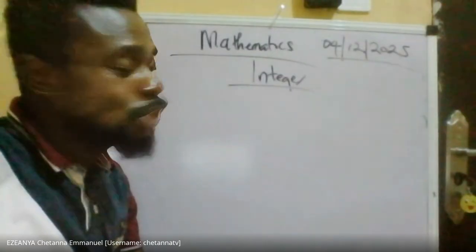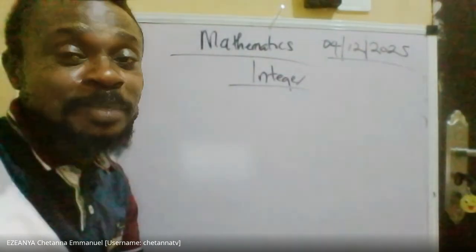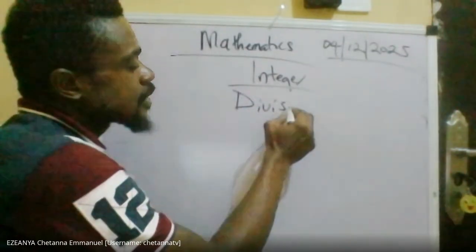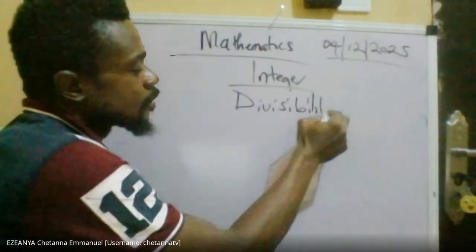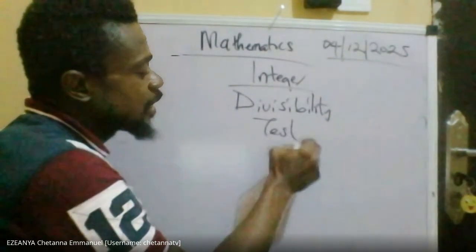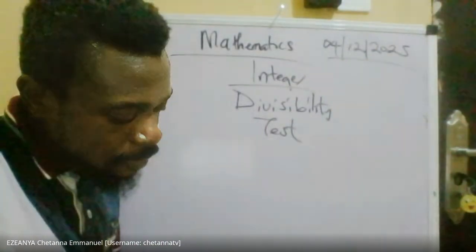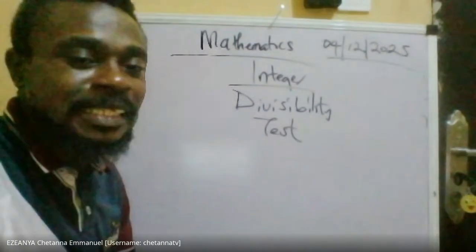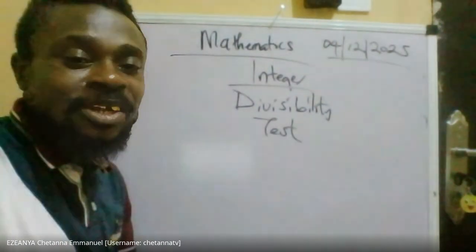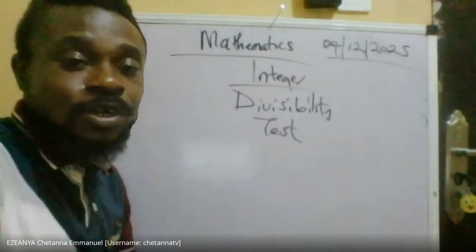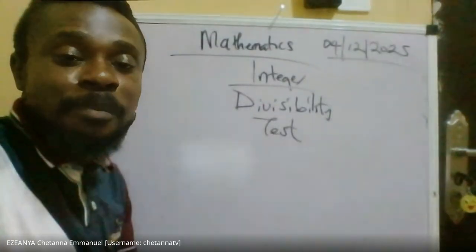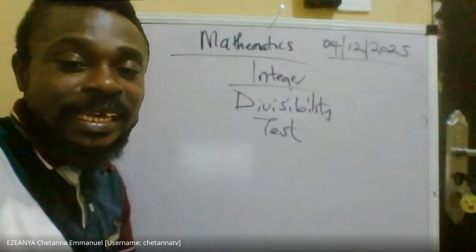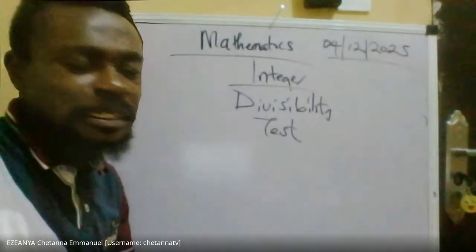So this will take us to what we call divisibility test. What do I mean by divisibility test? It is just a set of rules to determine whether a number is divisible by another number.